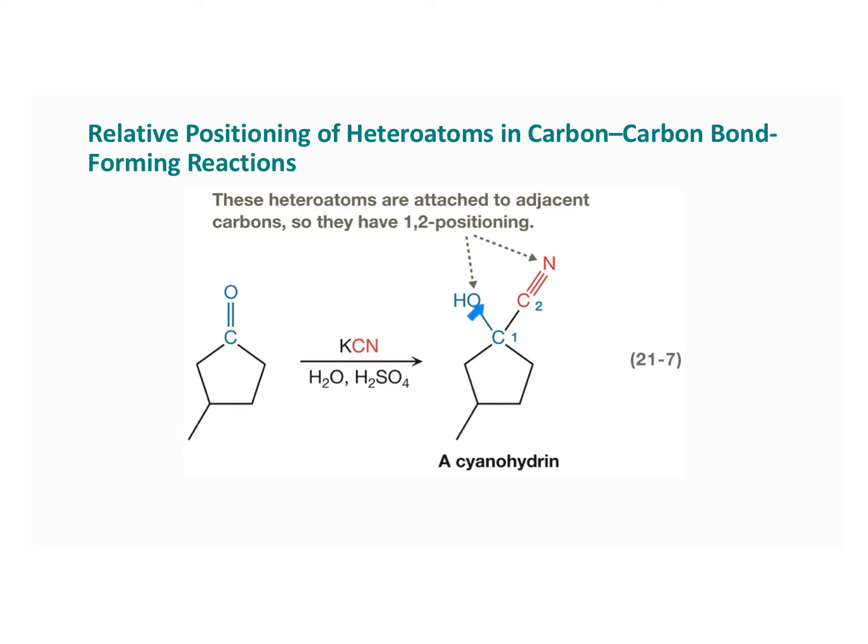Okay, so the OH is attached to the carbon in what we're going to consider the 1 position, and the nitrogen is attached to the carbon in the 2 position. And so this is referred to as 1-2 positioning, where they're here and here. What we can say, and how we would describe this, is using this sentence here. The heteroatoms are attached to adjacent carbons, so they have 1-2 positioning.